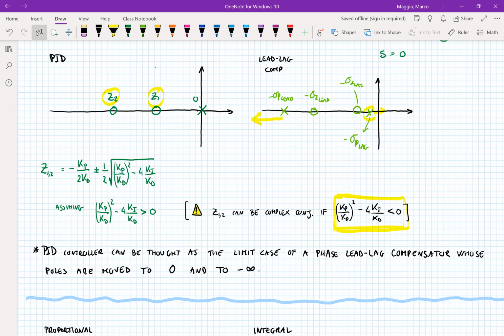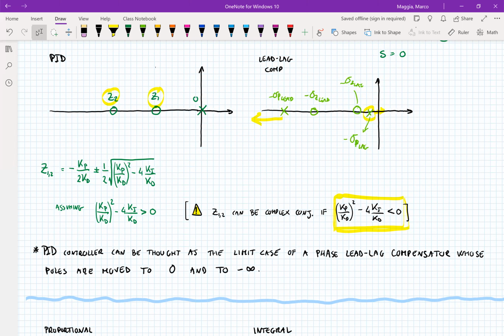So I just wanted to show you that, because when I told you last time that the compensators were really controllers, it's because mathematically they're pretty much the same. There's not much difference between a PID controller and the phase lead and lag compensator.